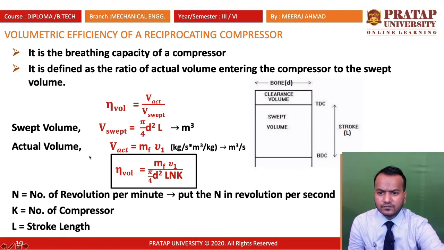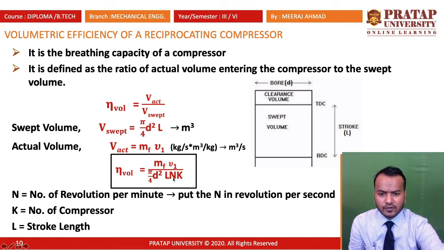Then the actual volume. The actual volume is the mass flow rate into the specific volume. You can say that this is the actual volume. So put the values of this actual volume and swept volume in the main formula. You see that the swept volume is in meter cube and the actual volume in meter cube per second. So you can change this quantity into meter cube per second.